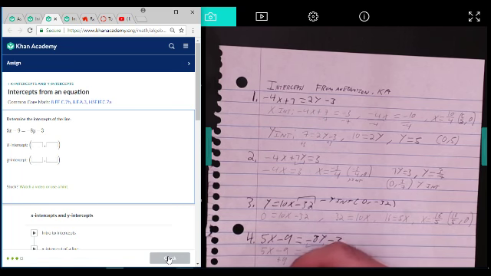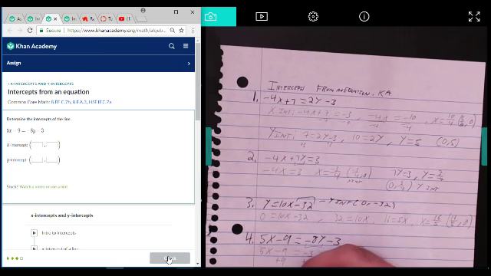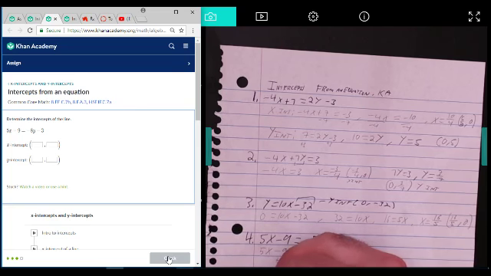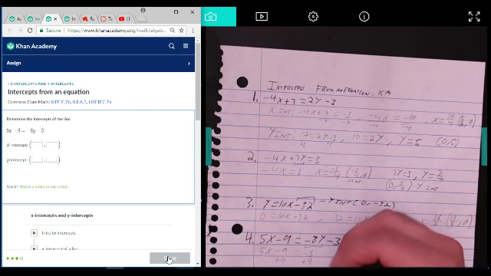So be very careful. We divide each side by 5. So x is equal to 6/5. And so our x-intercept is going to be 6/5, 0.